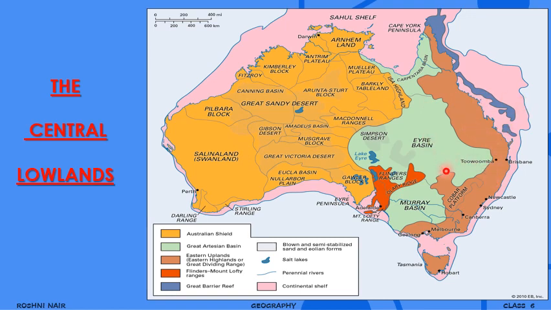And the central lowlands extend from, can you see here, Carpentaria Basin? So here we have Gulf of Carpentaria in the north, and down here it goes to Encounter Bay.